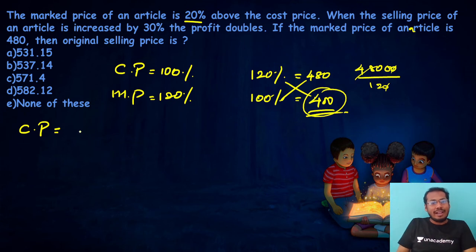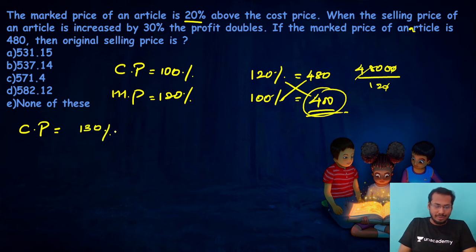Now I will get one profit. I will take that as X. If I increase 30 percentage more, I will get double the profit. So if I increase 30 percentage more, if cost price is 100 percentage, now it will be 130 percentage, right?